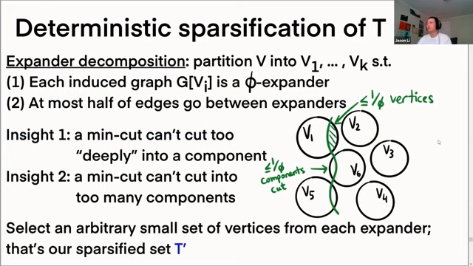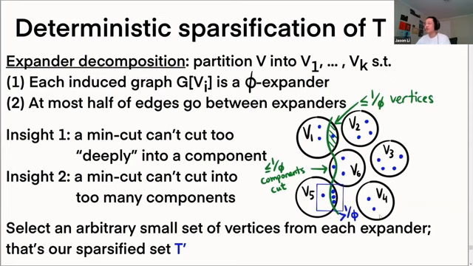Given these two insights, the idea is very simple. Take each expander and select an arbitrary small set of vertices inside it. That will be our sparsified set, T prime. Now the intuition: take an expander and suppose we sample more than 1 over phi vertices, let's say 1 over phi plus 1 vertices.